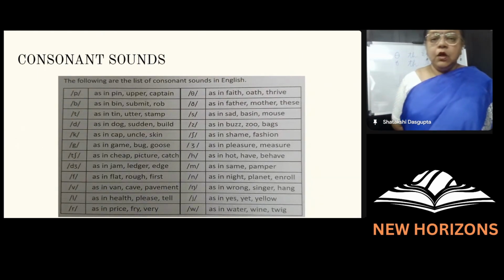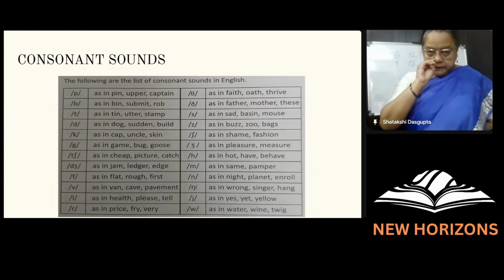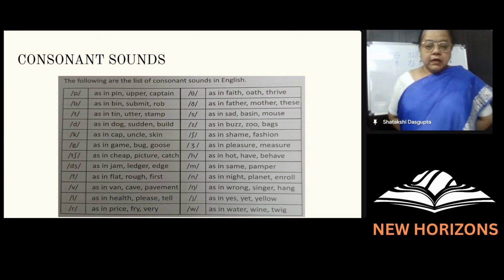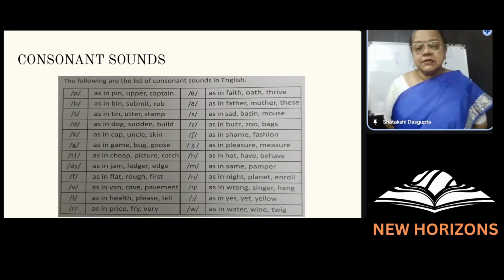Understood now? Yes, miss. Okay, one more doubt. Ma'am, the Z and the cursive Z. In both, I mean, they sound the same as the Urdu Z. No. Buzz, zoo, and bags is when you are saying z very fast, isn't it?